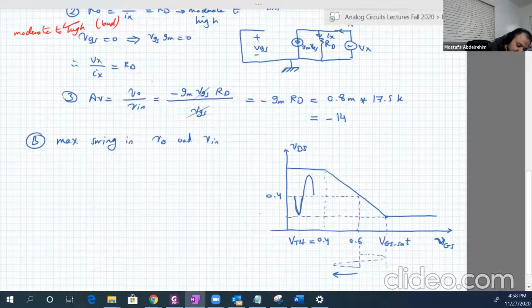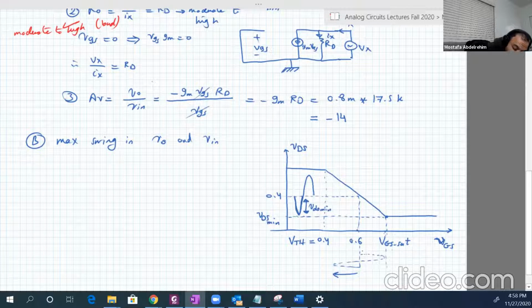So this is the minimum VDS minimum, at which we go to the maximum here. This change here, let's call it VDS minimum.